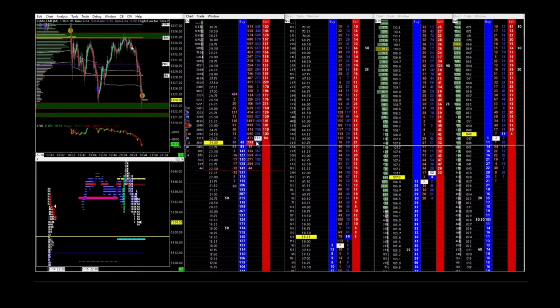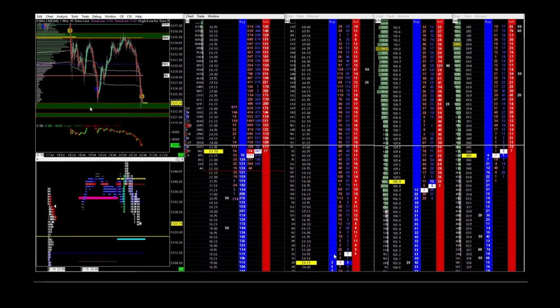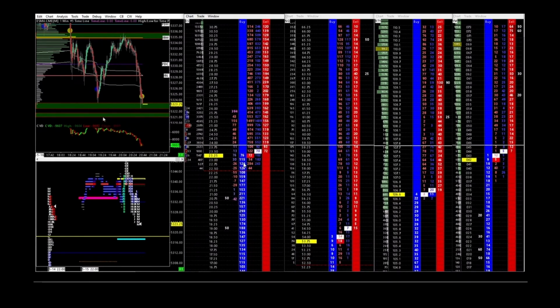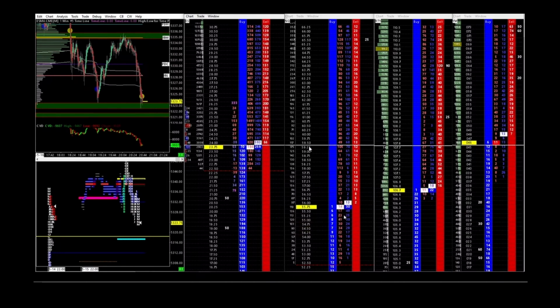We can see 700 contracts executed there, again absorbed, and NQ is still aggressively ticking down here, but we're still seeing absorption going on. Notice the amount of contracts that are trading. There's 1133 absorbed now, continuous selling into this level, and it cannot crack. If we notice here, every market is currently doing this.